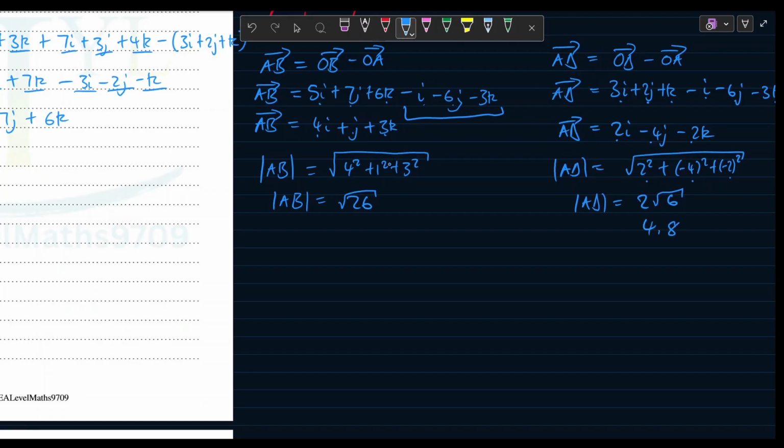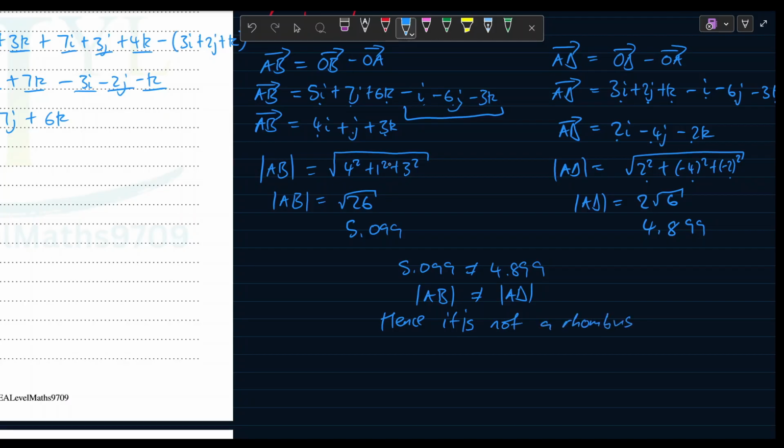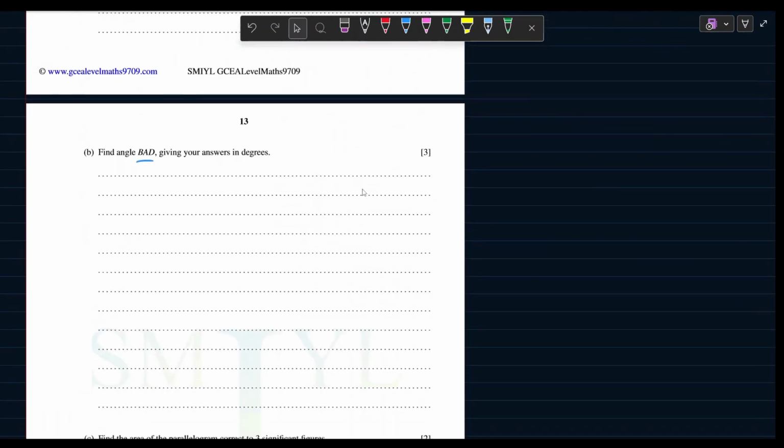This is 4.899, and then root 26 is going to be 5.099. So clearly 5.099 is not equal to 4.899. So magnitude of AB is not equal to the magnitude of AD. Hence, it is not a rhombus. And that would be our final answer.